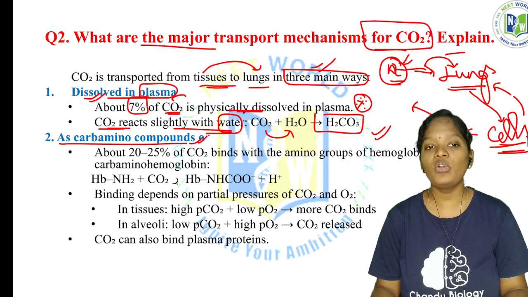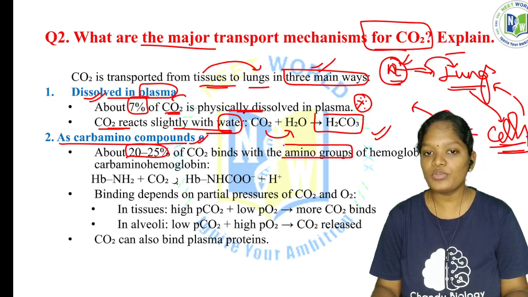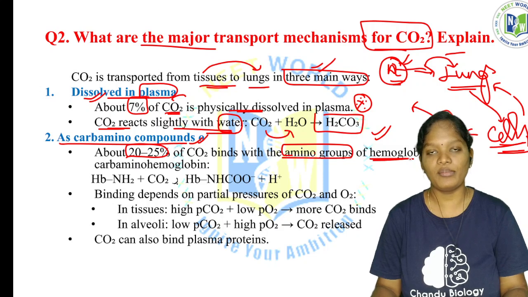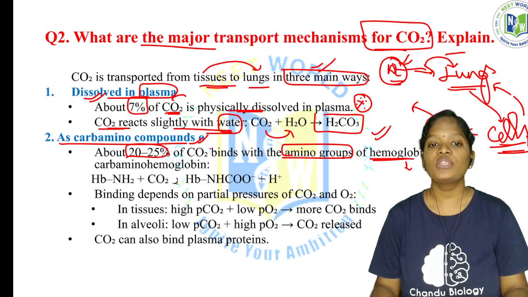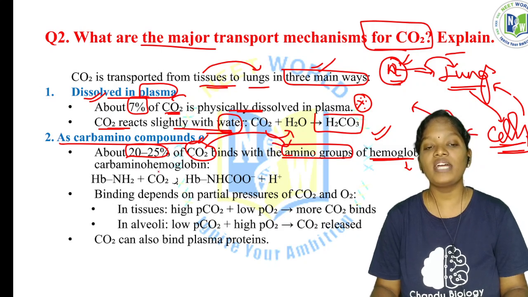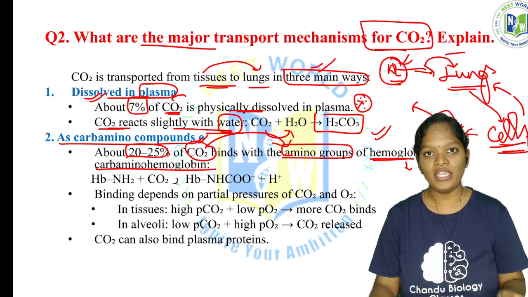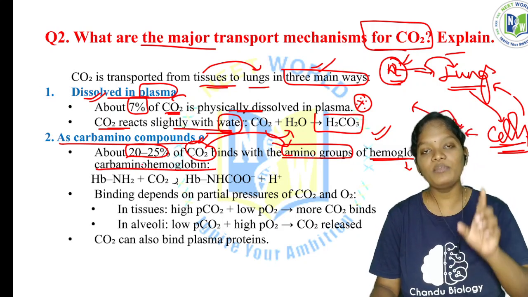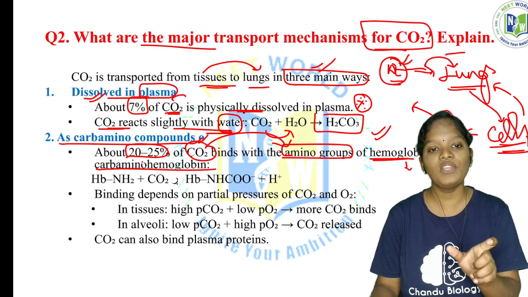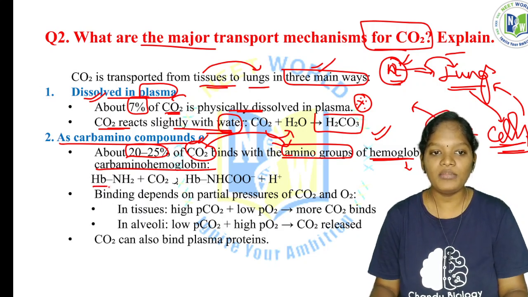Carbon dioxide is also transported as carbamino compounds, which means 20 to 25% of carbon dioxide binds with the amino groups of hemoglobin. Hemoglobin is a protein, and protein is made up of amino acids. Since the carbon dioxide binds with the amino acids of the hemoglobin, we call it carbamino hemoglobin.